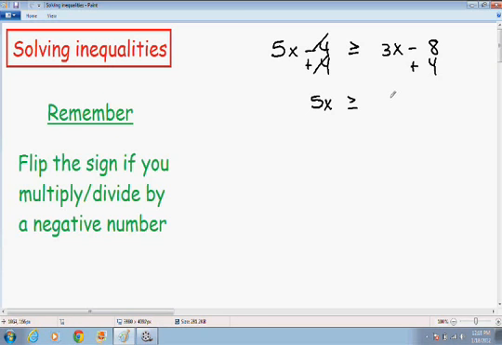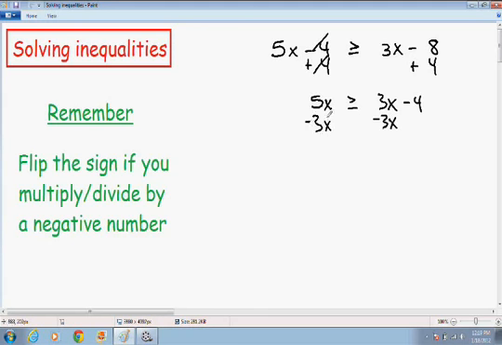On the right-hand side, we have 3x, and a negative 8 plus 4 is negative 4. Now we want to get x by itself, so we want to take this 3x on the right-hand side and combine it with the 5x on the left-hand side. So I'm going to subtract 3x from both sides.